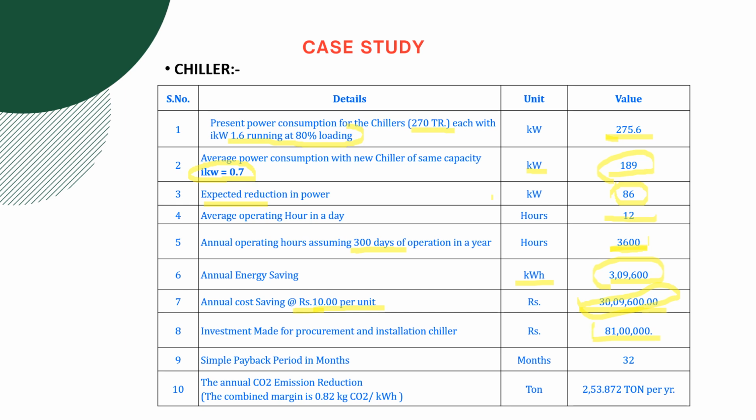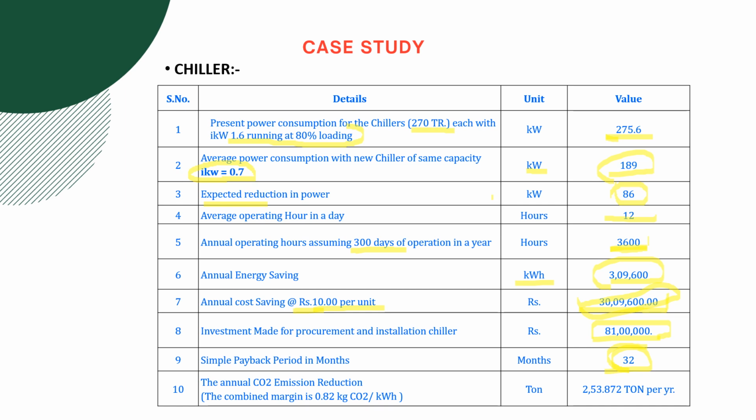It will take around this much, 81 lakh of investment. Now the simple payback period for this chiller is 32 months. Only 32 months. And after that you can save this much energy annually, 3,09,600 units annually.